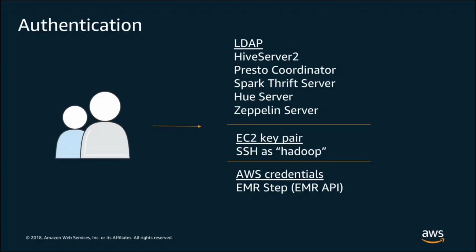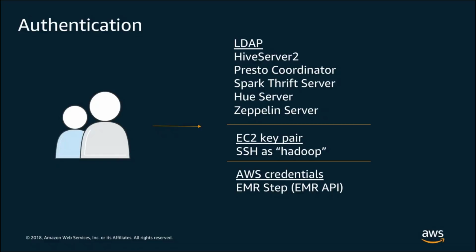In terms of authentication on Amazon EMR, if you are submitting a Hive job or a Spark job, you can submit that job using an EMR step API, and to do that, you can use the AWS IAM credentials. Similarly, if you are an admin or a user who wants to SSH as a Hadoop user into the master node, you can do that using an EC2 key pair.